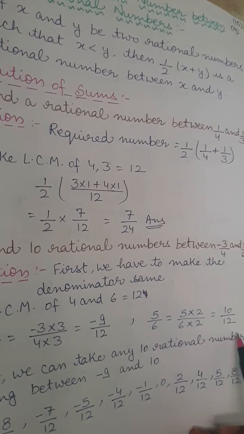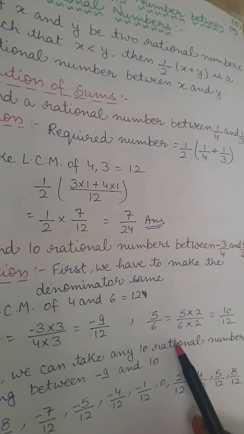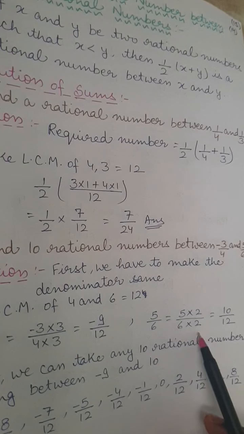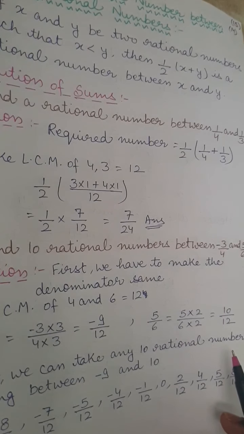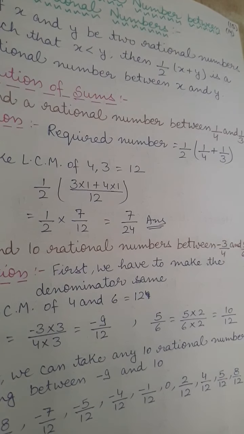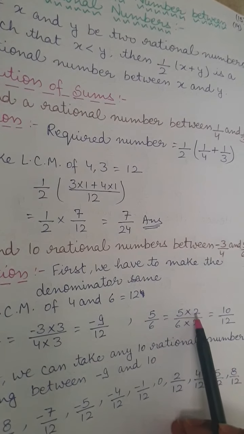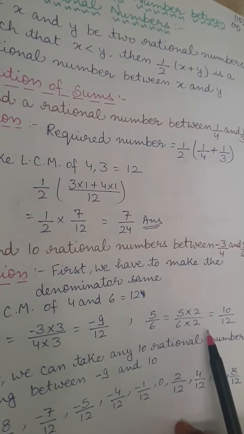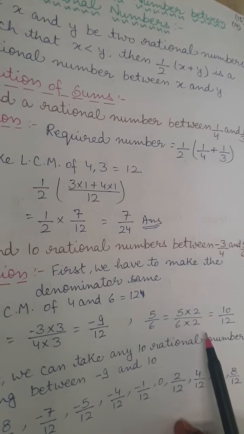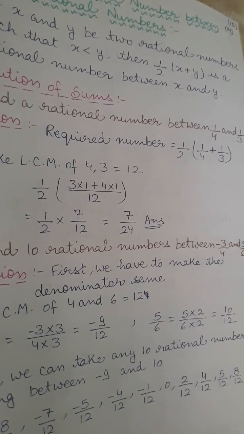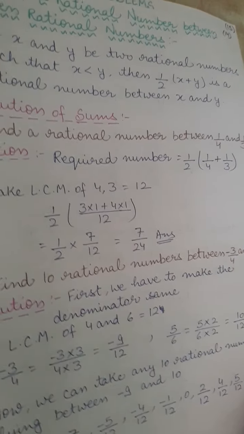Then we have to make the denominator 12, so we should multiply the 6 by 2. I am again repeating that it is a must to multiply denominator and numerator by the same number. You cannot multiply only the numerator or only the denominator.